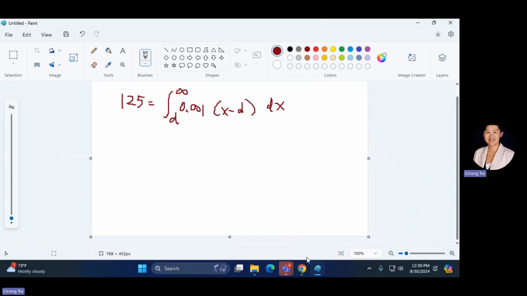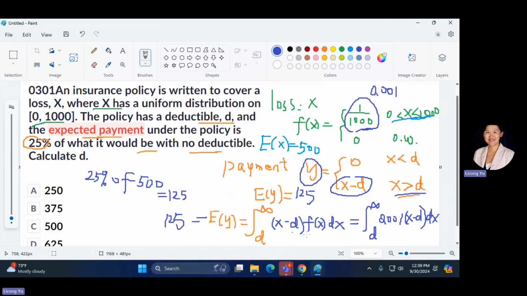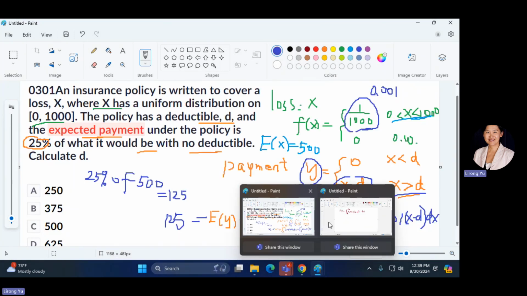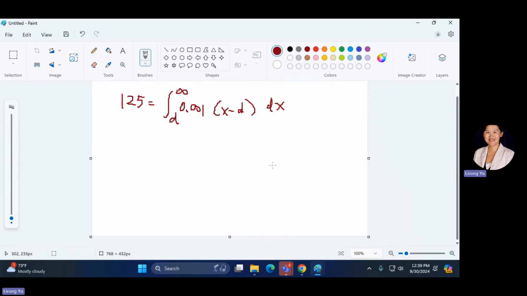This is what we're calculating. To make the calculation easier, you can do a change of variable like u equals x minus d, so the limits would be 0 to infinity. But if you choose not to change the variable, keep in mind that x minus d should stay as a whole.